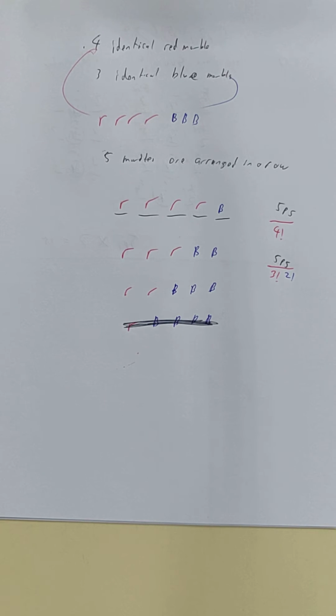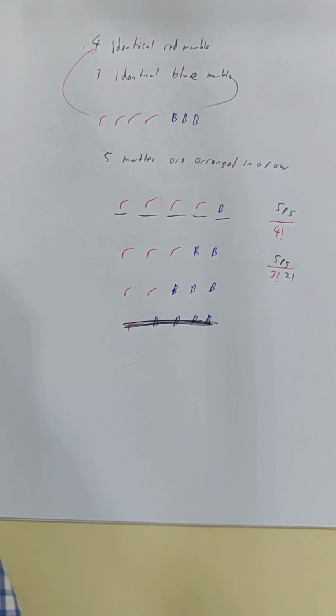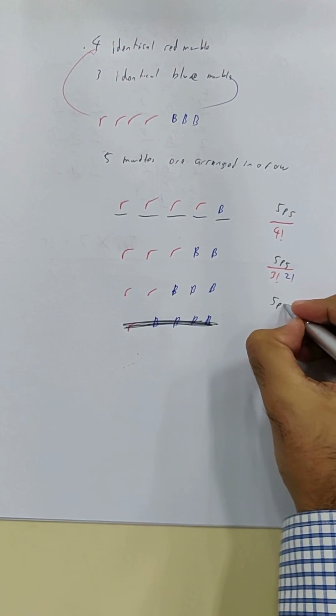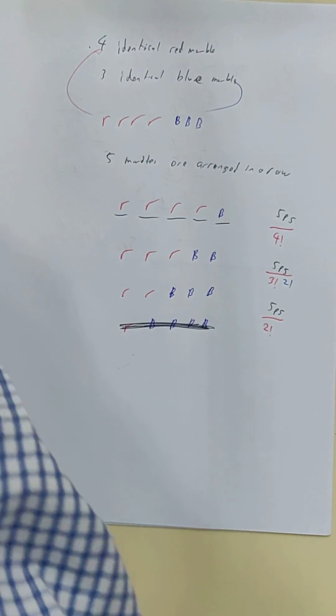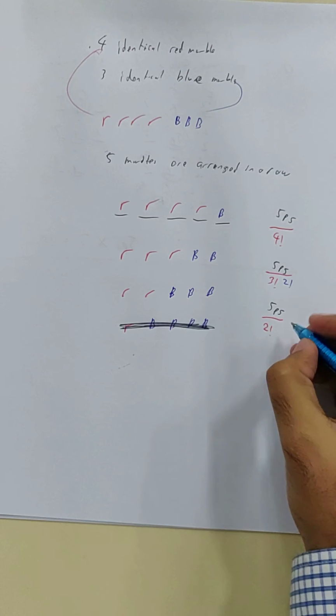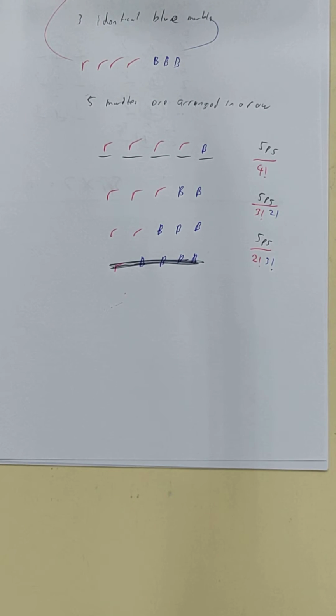Are you okay? Am I too fast? So the last one here, 5P5 divided by. Why am I dividing? Because they are identicals. Are you okay? If you don't understand, please raise your hand.